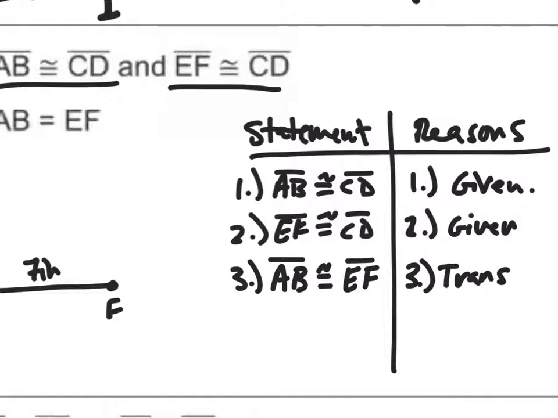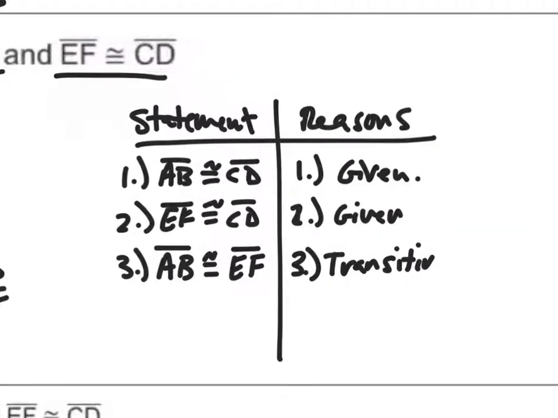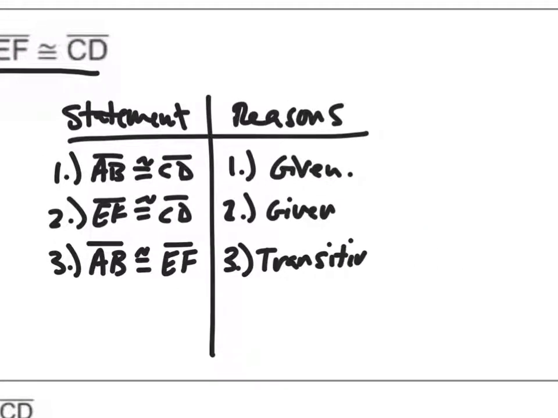I have a question. Why isn't it just not given, even though it's given? If it's not given, then you have to come up with something that leads you to the next step, to draw you to the next conclusion. And we have that property, the transitive property. Well, this isn't given to us.